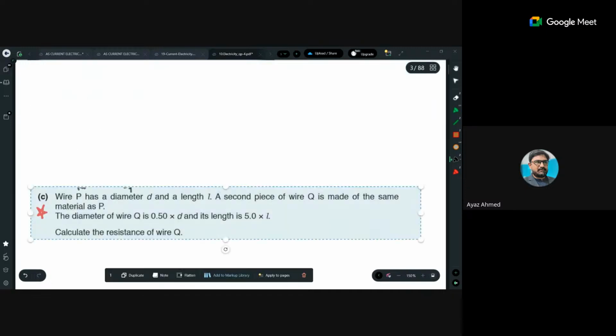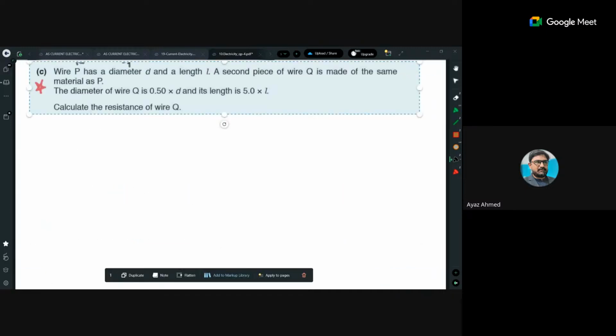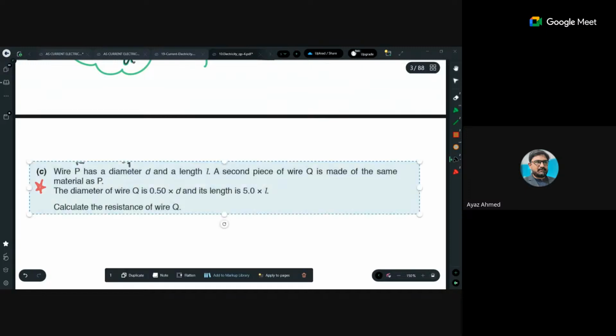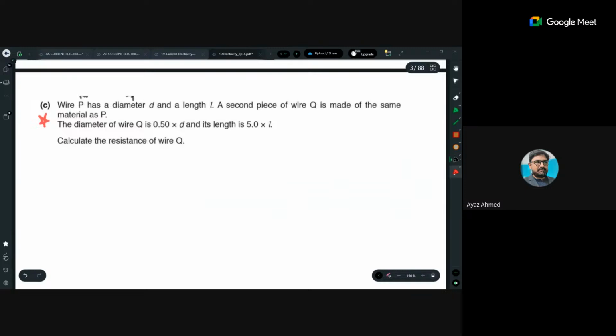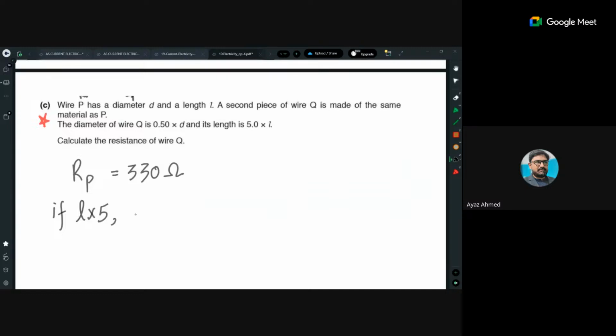Now, after compiling all these concepts, I believe that you would be able to answer this question by yourself. So, what is the resistance of wire P? It is 330 ohm, right? So, if length is multiplied by 5, then resistance will be multiplied by 5. Here you will write the logic, because resistance is directly proportional to length.